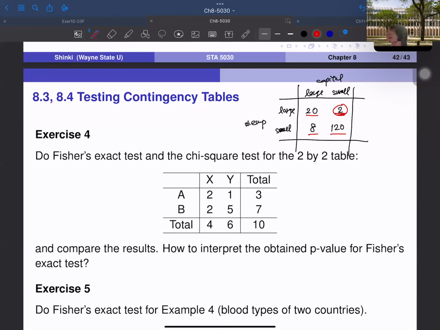So in this case, we want to do Fisher's exact test. Also sometimes the entire numbers are really small. For example, this business survey is for a very minor industry and the total number of companies is just 10 or something like that.